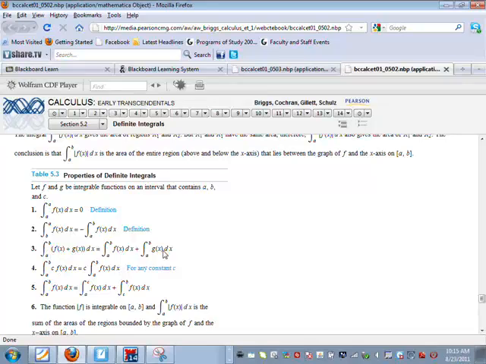Why is that true? The area under f plus g should be the same as the area under f plus the area under g. Questions about that? So if I want to evaluate the integral of two things, I can just integrate each one separately. This one?